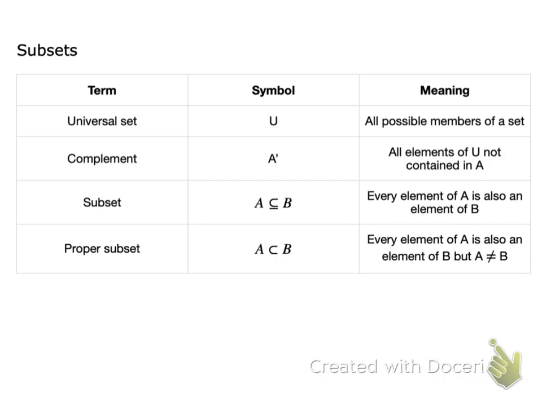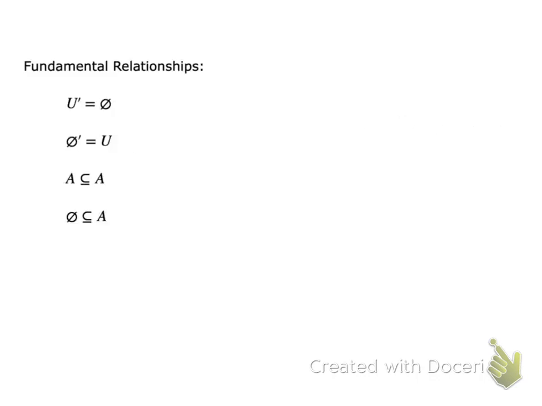So a subset means that every element of A is also an element of B. A proper subset means that every element of A is also an element of B, but A and B are not equal to each other. And I'll show you an example. But notice that the one that's not equal doesn't have that bar underneath. Okay, so think of that kind of like an equal. Oh yeah, we got to cover this first.